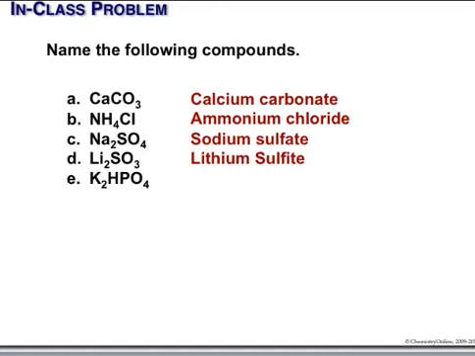If phosphate is -3, adding a hydrogen consumes one of the negative charges, so this is -2. K is potassium, therefore we have a 3-word name, all separate words: potassium, hydrogen, phosphate.